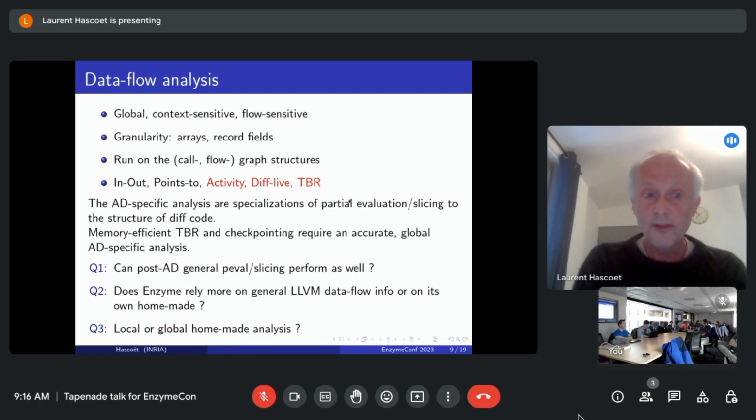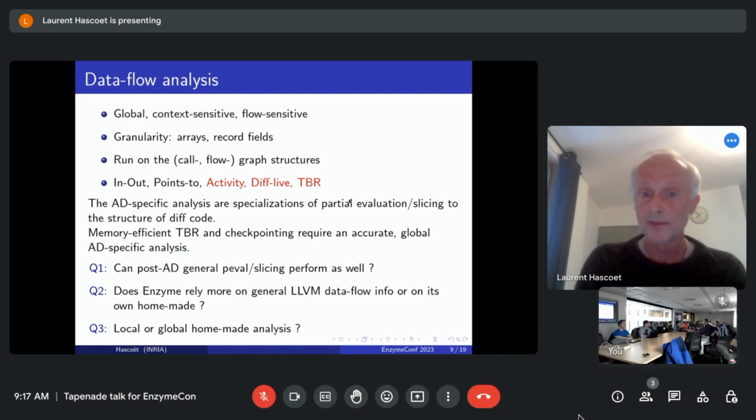Basically, all these AD-specific analyses are specializations of partial evaluation and slicing. So you may argue that there's no point in implementing them, if the compiler does it for you. However, I believe it is still useful because they are specific to the structure of the differentiated code. These analyses know about the structures. They know there will be a forward sweep followed by a backward sweep, and they know there is a sort of first-in, last-out correspondence between points in the forward sweep and points in the backward sweep.